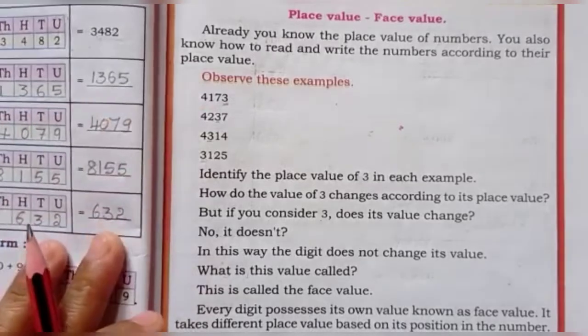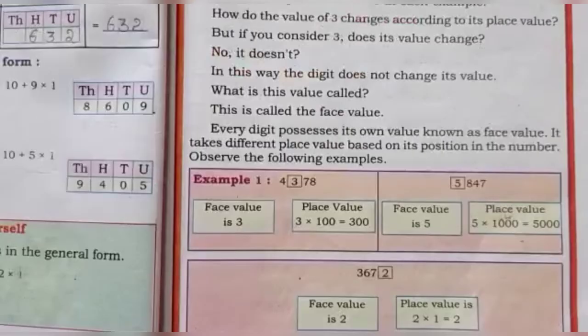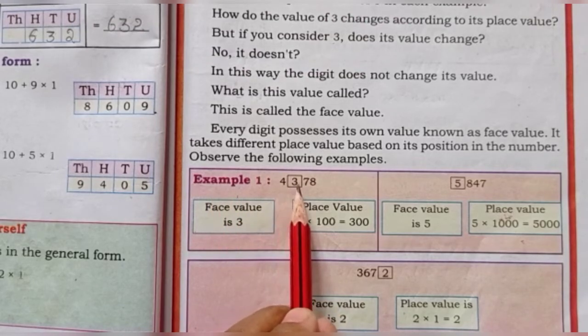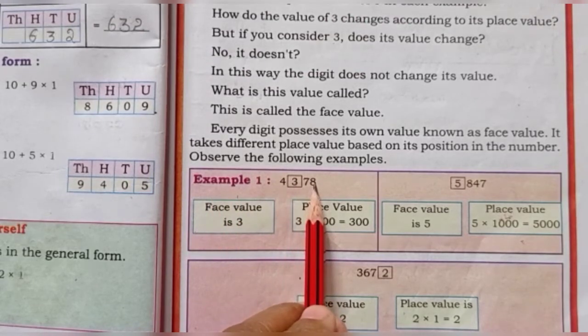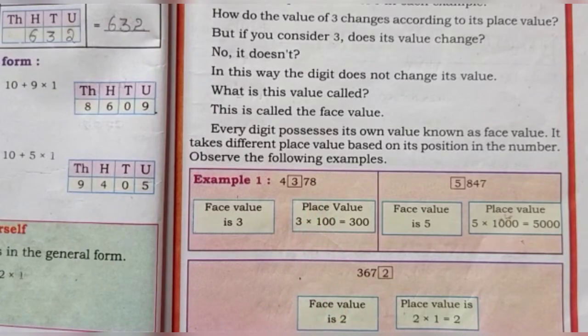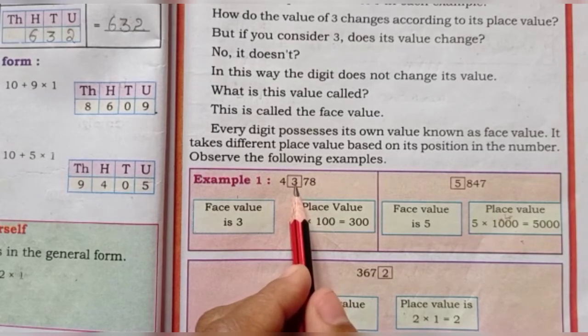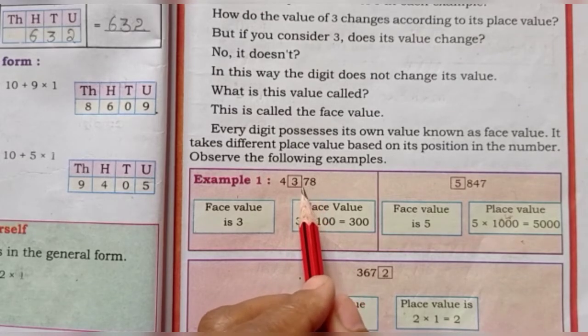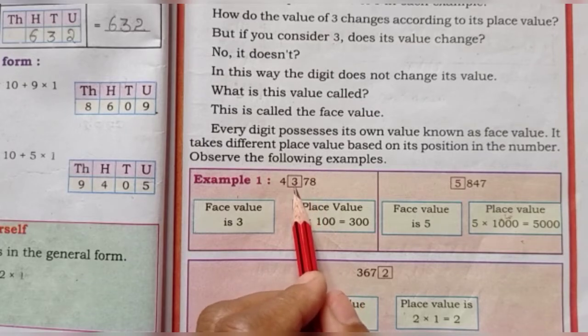Observe the following example. Observe here children. First example, 4378. What is the place value and face value of 3? Observe it. In the place value, we identify 8 units, 7 tens and 3 hundreds.